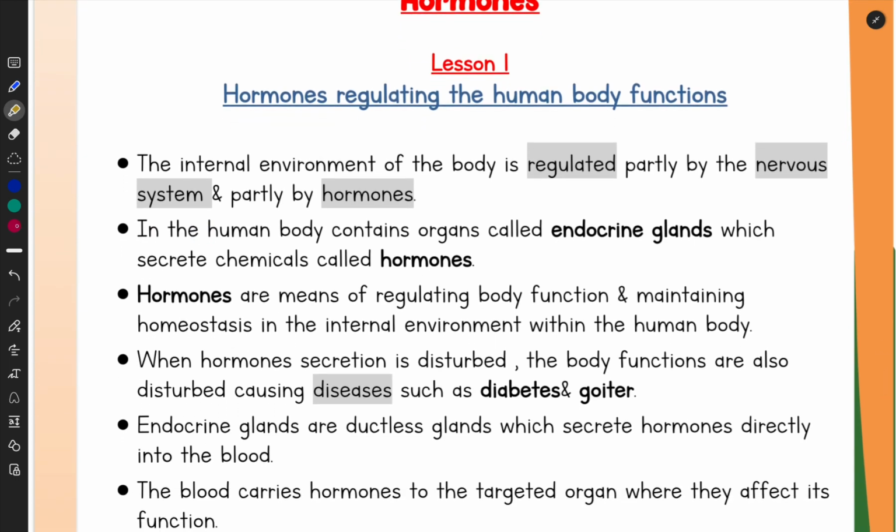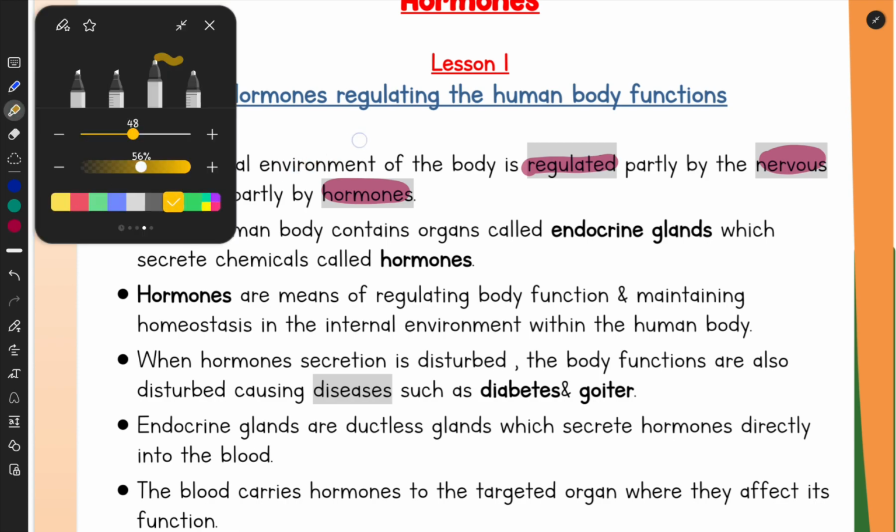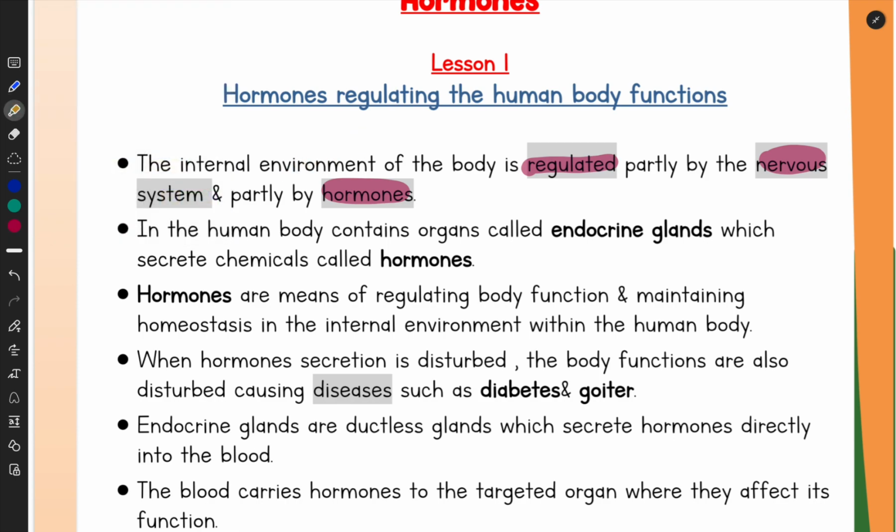Let's start our lesson. The internal movement of the body is regulated partly by the nervous system and partly by hormones. So we have the nervous system and we have hormones. Both of them regulate the functions of our human body. The human body contains organs called endocrine glands, which secrete chemicals called hormones.